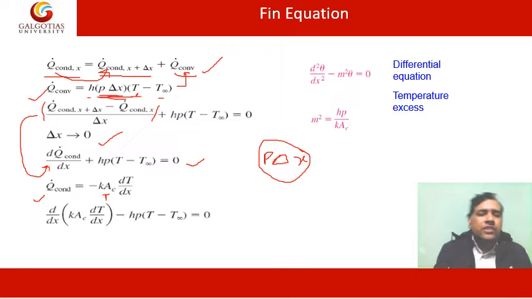So we have to keep this in mind. Heat conduction is minus k Ac dT over dx. By putting this value here, we get d over dx of (k Ac dT over dx) minus hP (T minus T infinity) equal to 0.